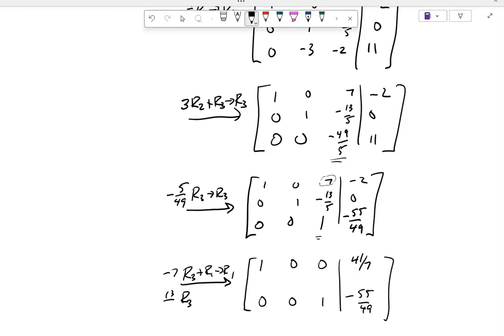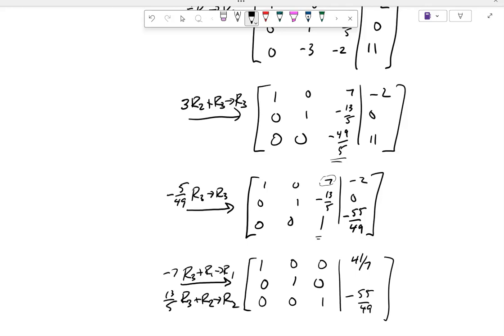13 over 5. Good. 13 over 5, row 3 plus row 2, replace row 2. I might as well just do them both at the same time, right? If you want to write them in separate steps, that's okay, but I might as well just go ahead and do it all at the same time. Okay. Notice that gives me 0, 1, 0, right?